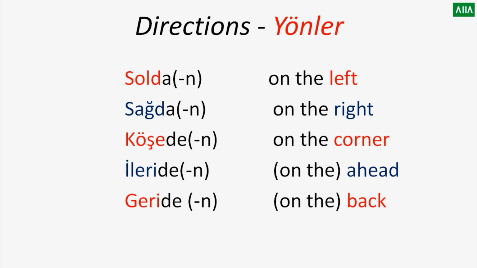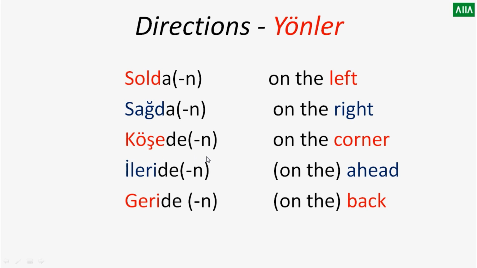Alright, now let's repeat one more time. Solda, soldan. Sağda, sağdan. If it's fixed, then we use da and we don't use n. If you are moving, which means you have to continue, then we use n. So sağda, sağdan.